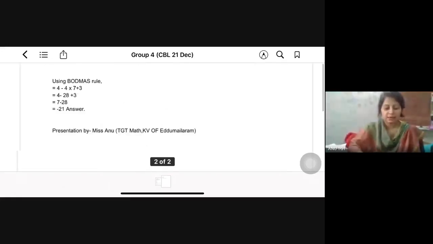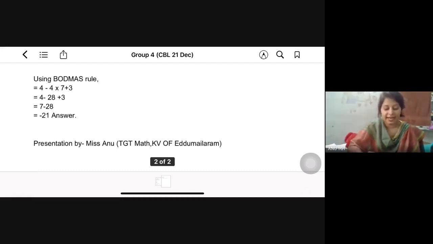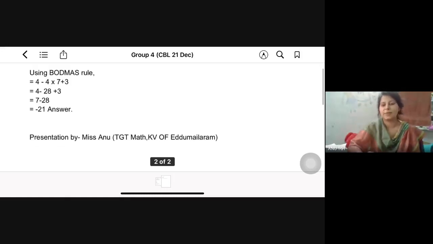Then we use the BODMAS rule. According to it, we first divide, then multiply, 4 is multiplied by 7, then we add 4 and 3, and at last we get the answer minus 21.